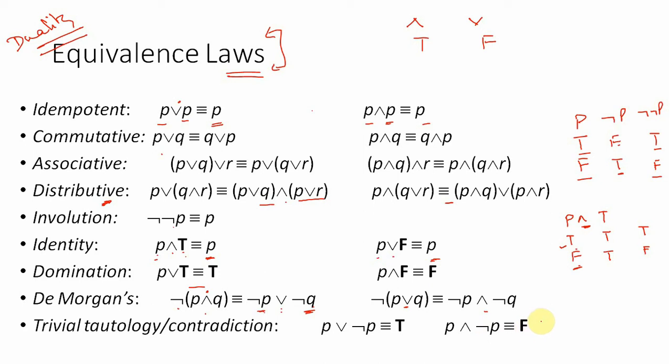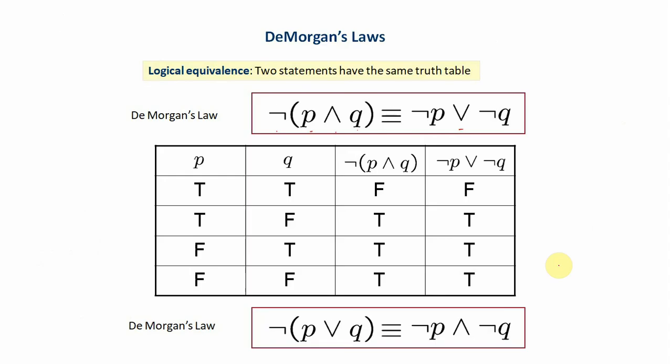Now, these laws can be verified. We don't just take our word for it that these laws are true, but these laws can be verified with the help of truth tables. I'm verifying one of the laws with the help of a truth table.